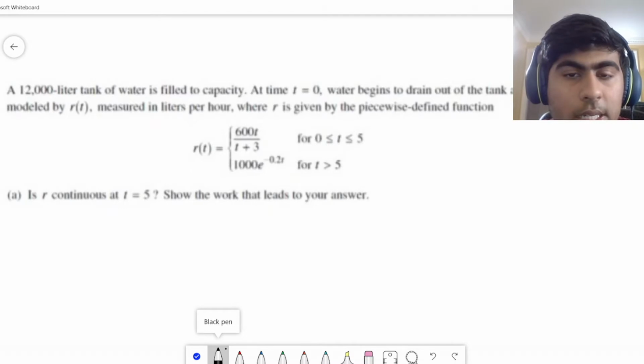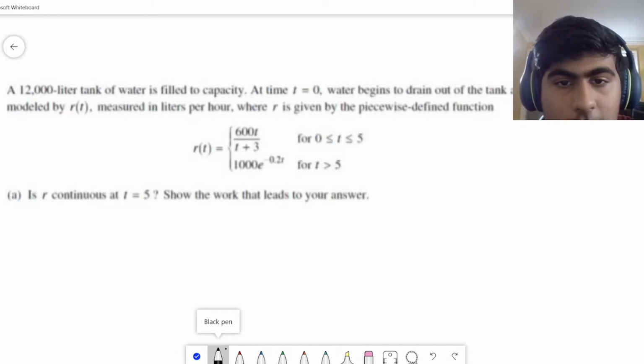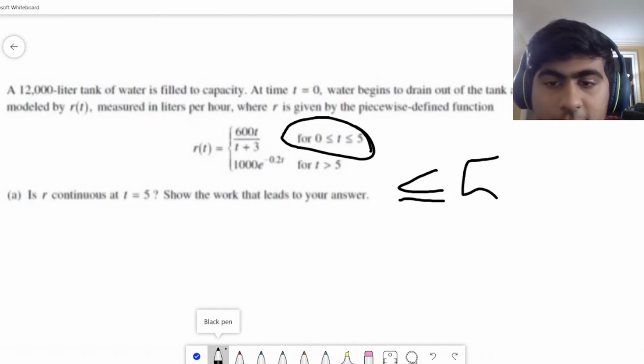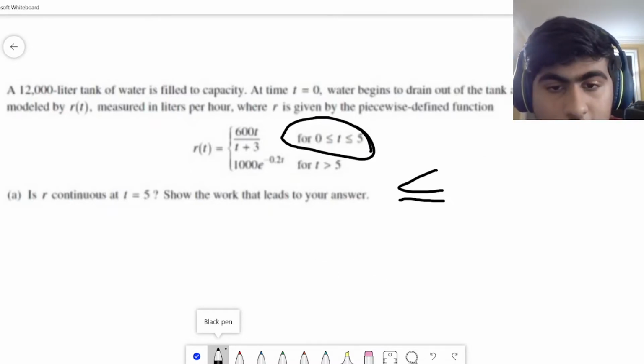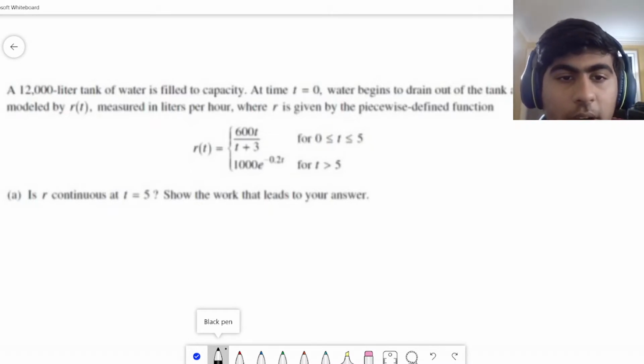Okay, is this function defined at t equals 5? Well, we see here in this top one, it's a non-strict inequality. It has the less than or equal to 5, which means this part is going to have the equal to 5. The bottom has t is greater than 5. That excludes 5. So the top part is going to be the one that actually has 5 in it.